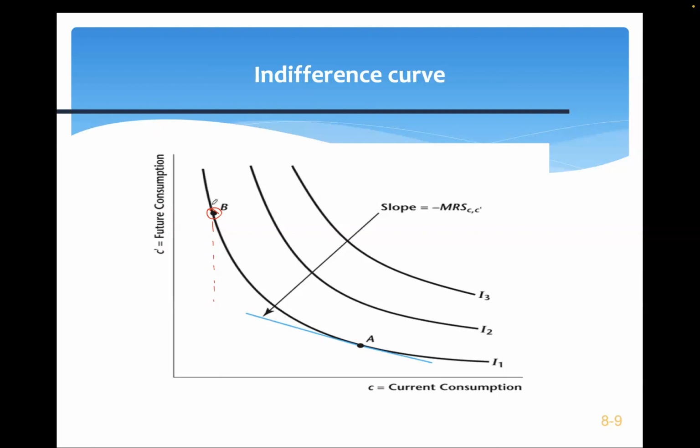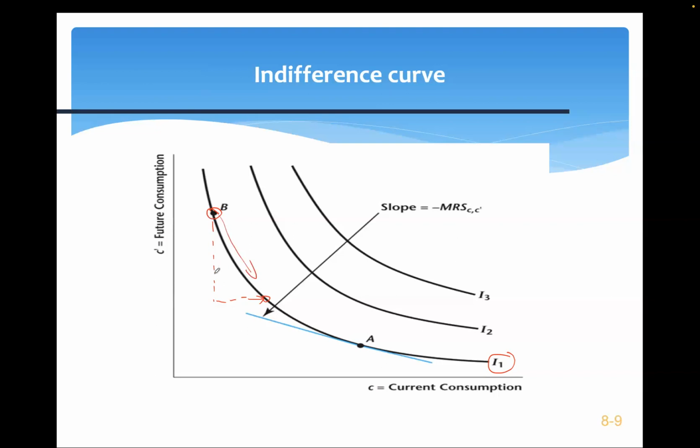If you want to keep me at the same level, remember this I, it is the level of utility. Because I lose C prime, in order to keep me at the same level of happiness or utility, you must give me more C so that I can be compensated. So that means the only direction you're going to work is to here or to this direction.